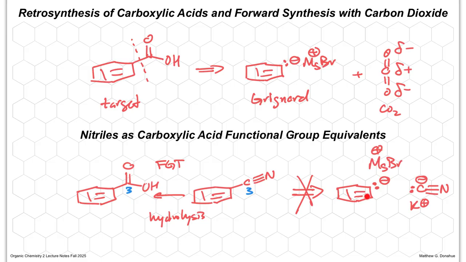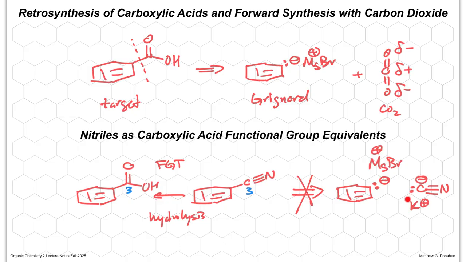So the Grignard carbon is negative. Potassium cyanide, which is a reagent we've seen, that carbon is also negative. The big picture of this is CO2 and CN are both a source of one carbon atom. One is electrophilic and one is nucleophilic.